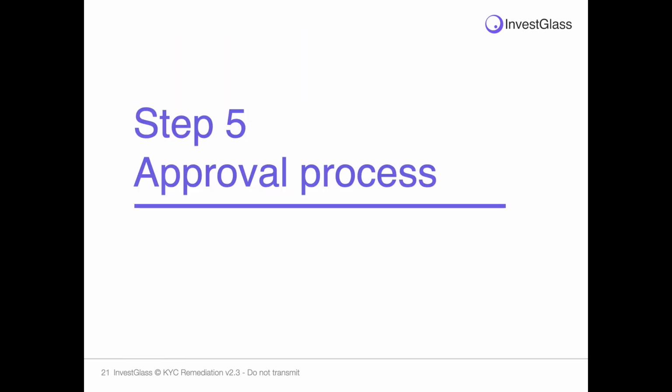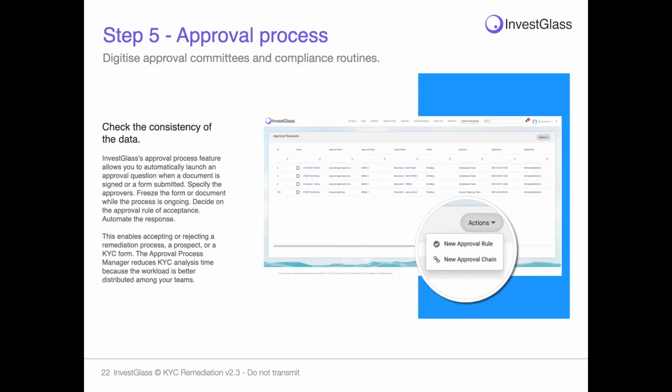And then step 5, the last step, is the approval process. So here the idea is to also have an inside process in case of exceptions, because you might be in the gray zone, you might be in the orange category of your clients, but still there might be some exceptions that could be acceptable.